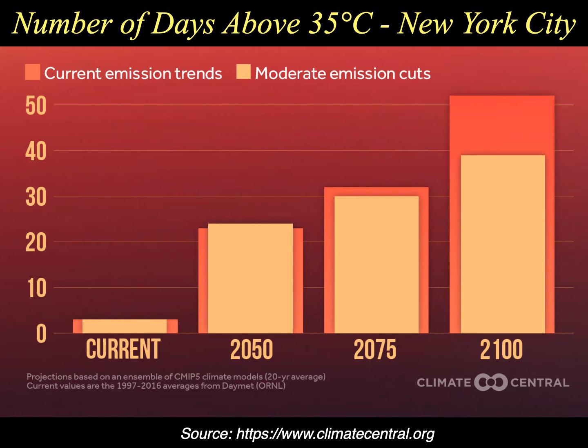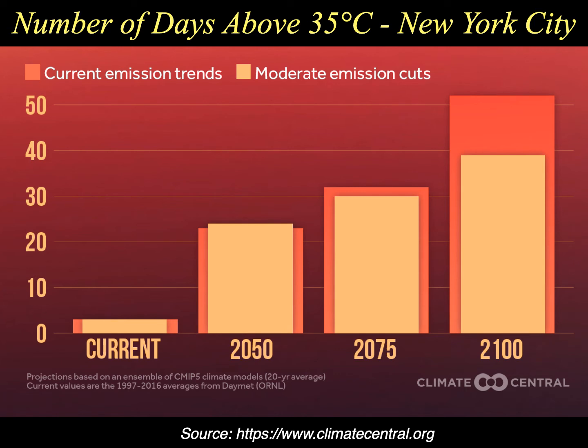We have roughly 2, 3, 4 days normally per year where the temperature goes above 35 degrees Celsius in New York City. By 2050, under both emission scenarios, current and moderate, we're looking at the low to mid 20s.